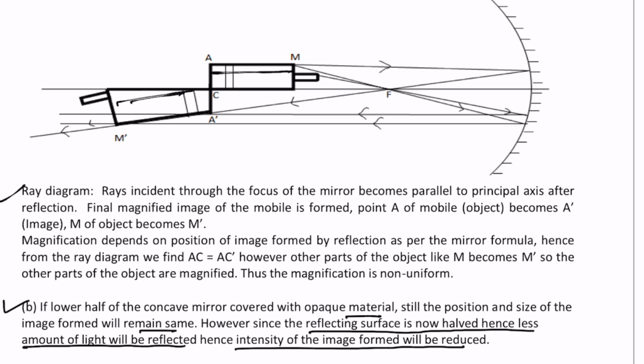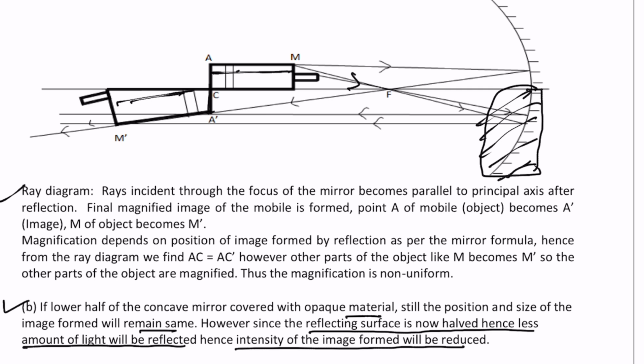Suppose this is the mirror, and you cover it with black paper or something opaque. The image will form like this, because for image formation we take two rays, one passing through the focus and the other parallel to the principal axis. Wherever these two reflected rays meet, the image will be formed.